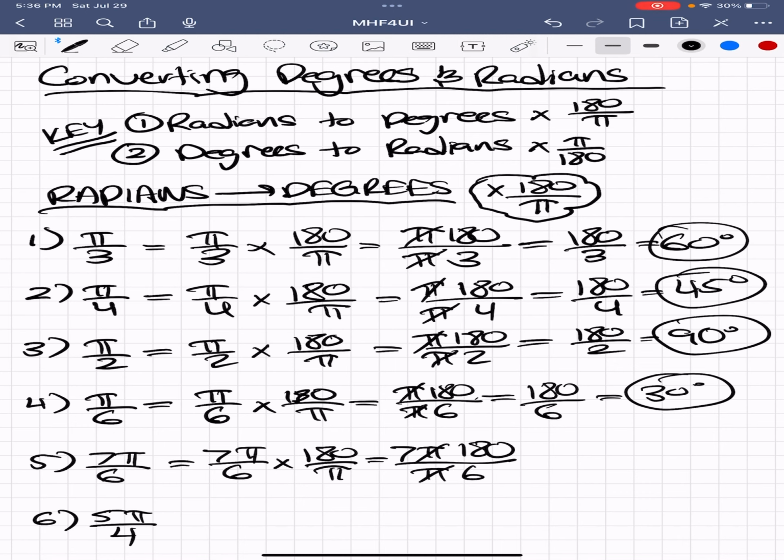Pi is common on the top and the bottom, you can cross it out. And then 7 multiplied by 180 divided by 6 is 210 degrees. So if you plug that in your calculator, that's what you should get.